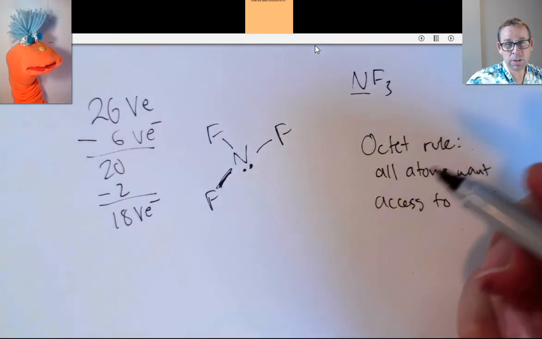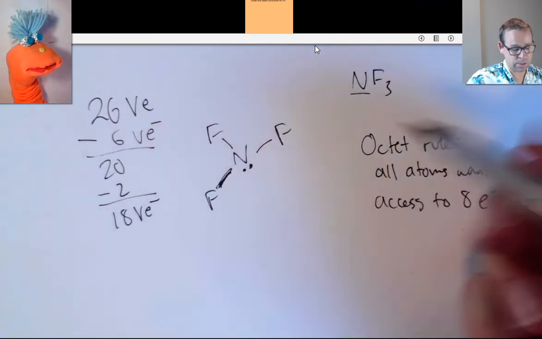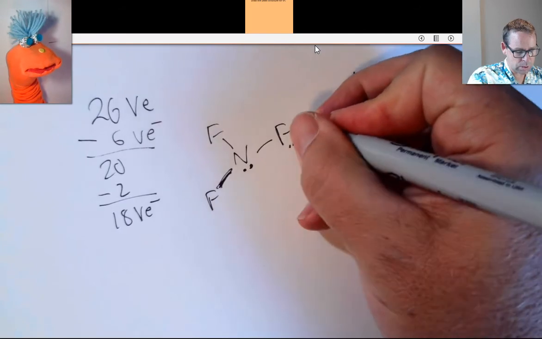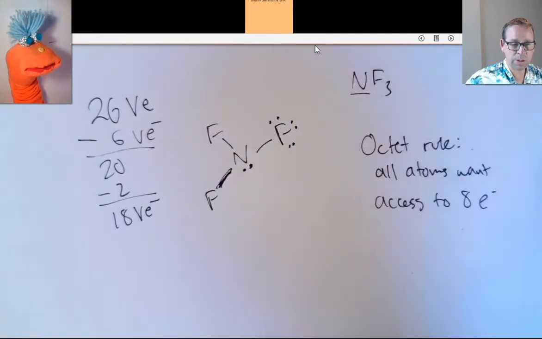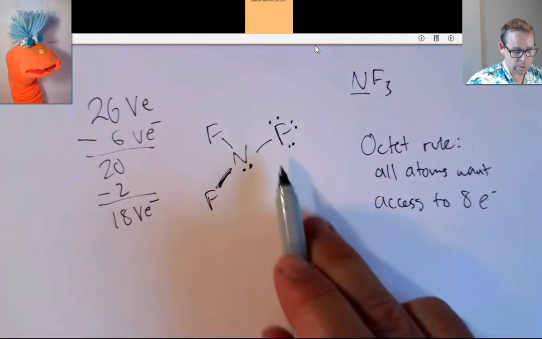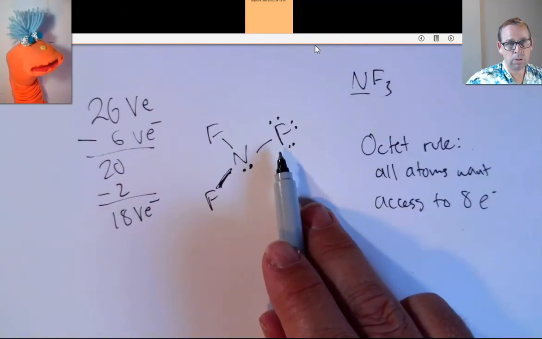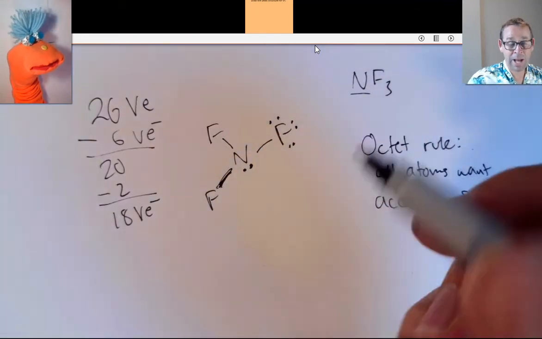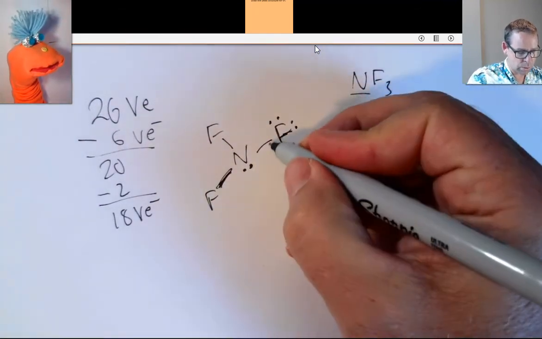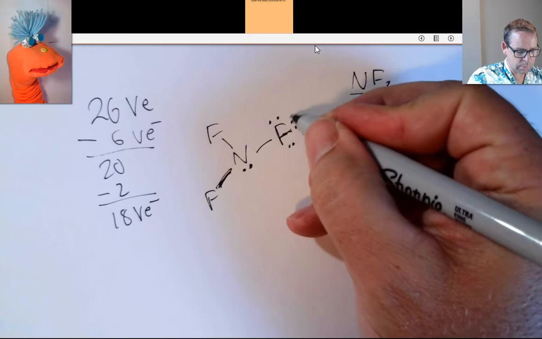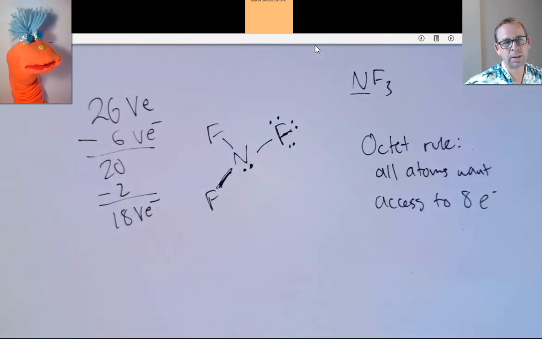So we need to increase the number of electrons that it has access to by using lone pairs. So it's going to take 6 electrons. And now that fluorine has access to how many? I'm not sure. How many does it have access to? Well, it has access to 1, 2, 3, 4, 5, 6, 7, 8. 8 electrons.